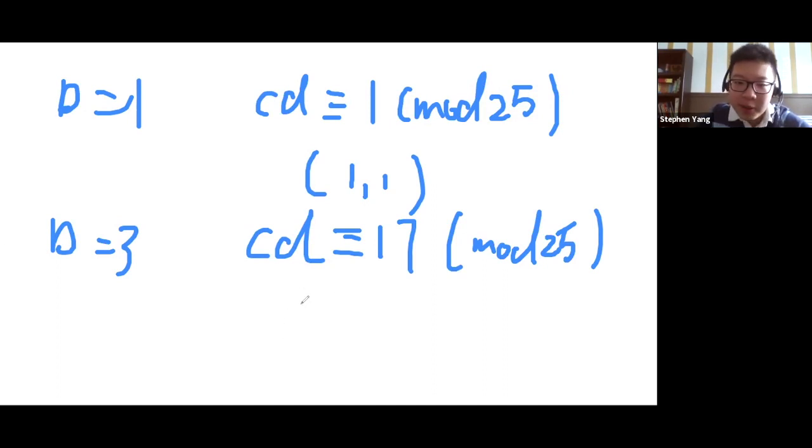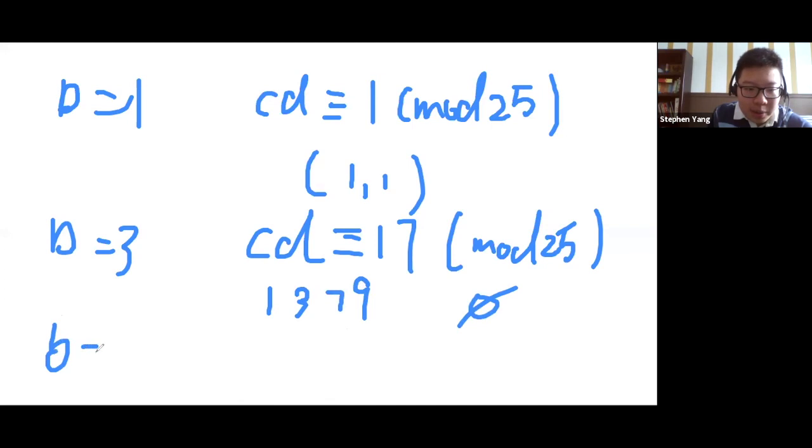So then let's move on. Now remember, C and D could be only 1, 3, 7, 9, and this is unachievable, so no solution. And when B is equal to 5, it can't be 5.